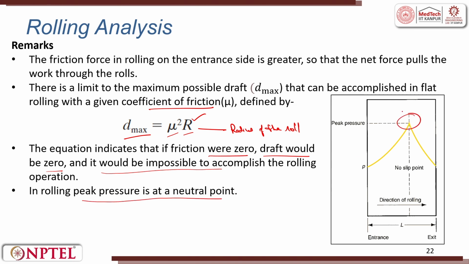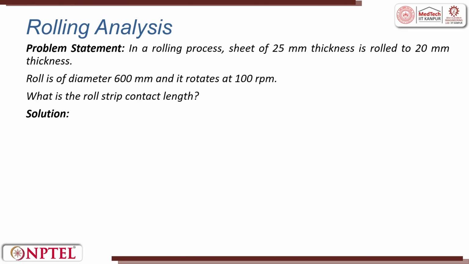Let me come to the problem statement. In a rolling process, a sheet of 25 millimeter thickness is rolled to 20 millimeter thickness, which means the initial and the final thickness are given. T0 is 25 millimeters and Tf is 20 millimeters.